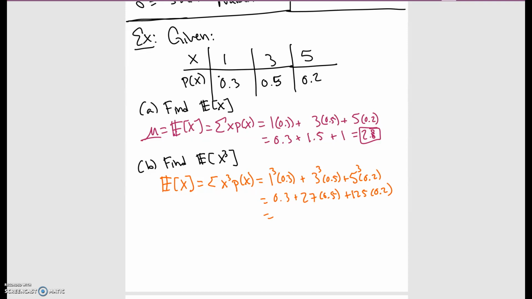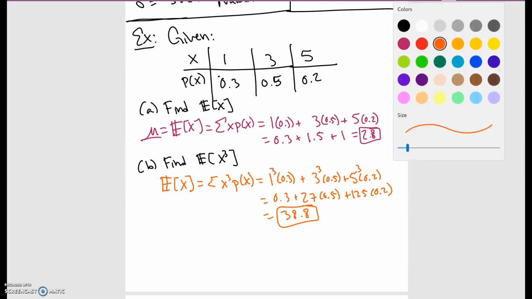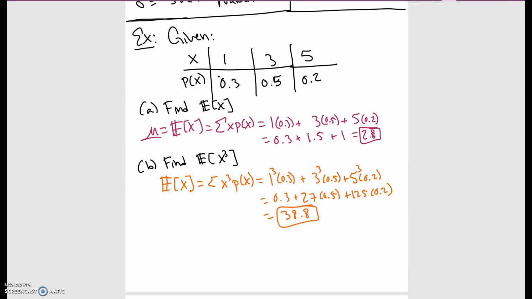I'm going to get 0.3 plus 27 times 0.5 plus 125 times 0.2, and what I'm going to get is 38.8. That's going to be my answer for that. So part A was the expected value, and part B was finding the expected value of x cubed.